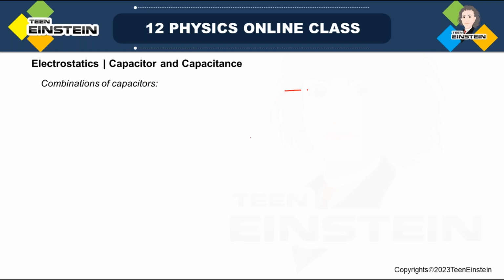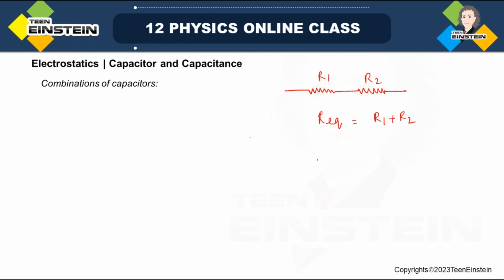Just to recap, for resistors, when there are two resistors of resistance R1 and R2 in series, then we know the equivalent resistance will be R1 plus R2.